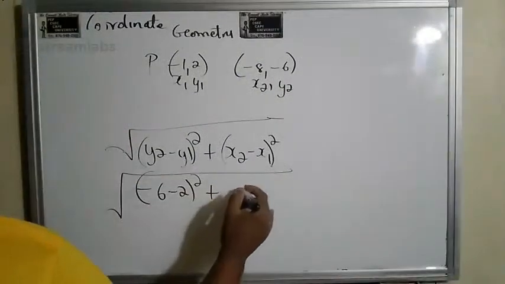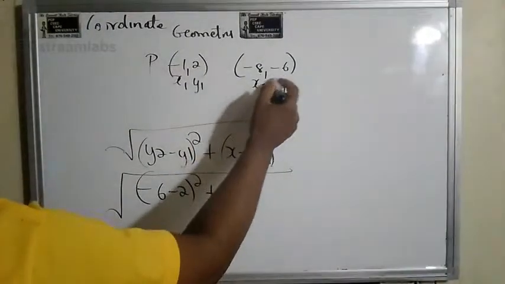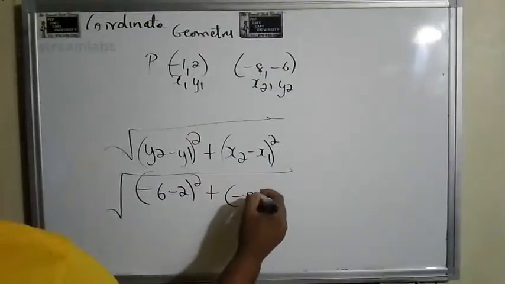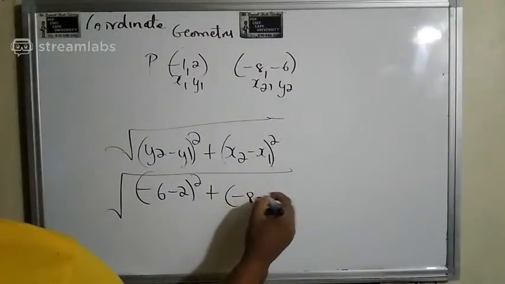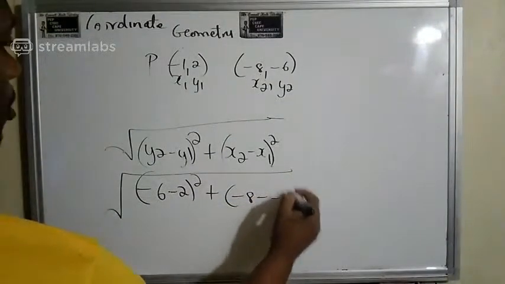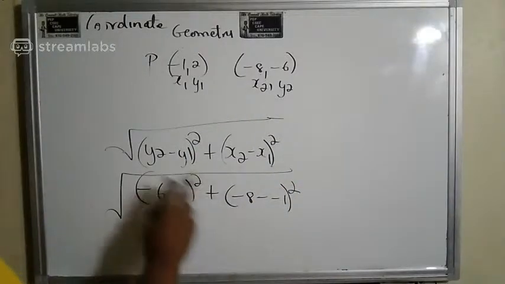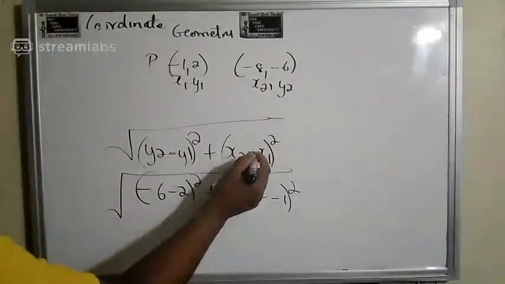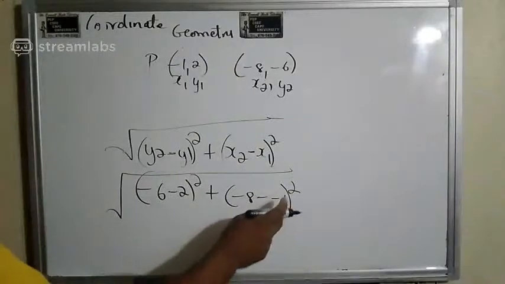And now x2 is negative 8 minus 1 squared. Remember, minus is a part of the formula, so you always have to have the minus. So you have the minus and then minus 1.